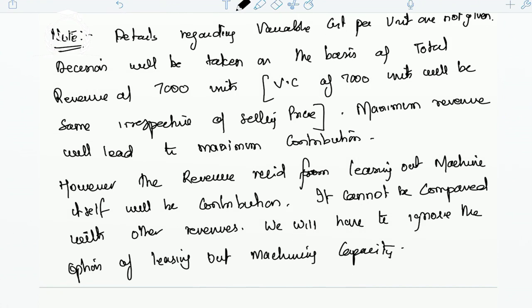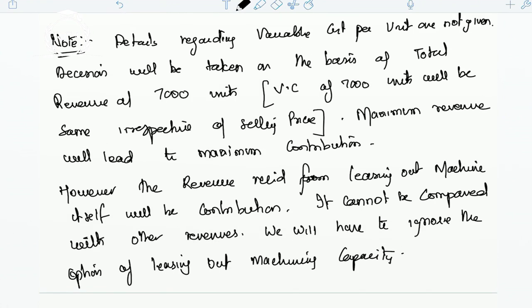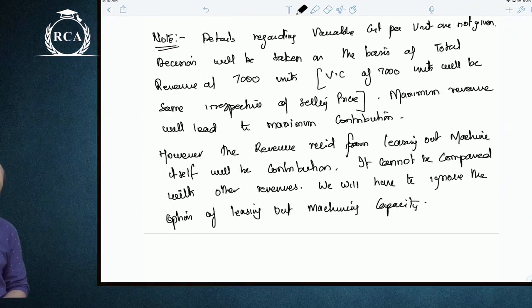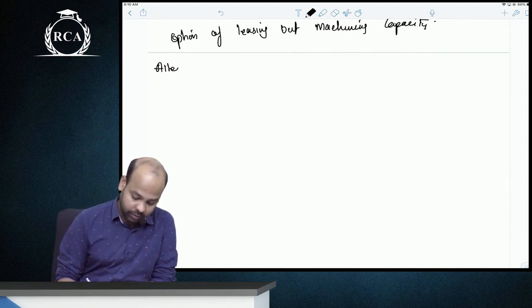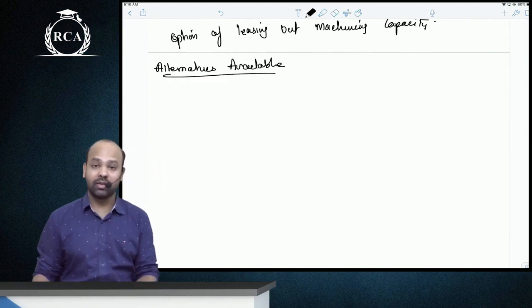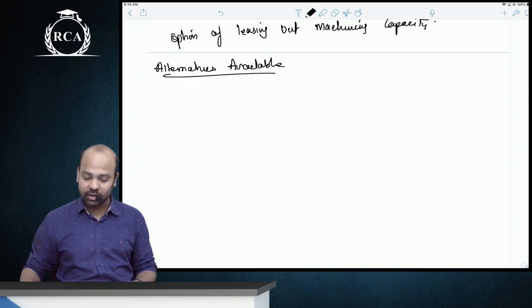Yes, guys, I hope we're all clear about this. Let us come to the alternatives that are available if you're ignoring leasing. I simply have to compute revenue under all the alternatives, and then that itself would be the answer.